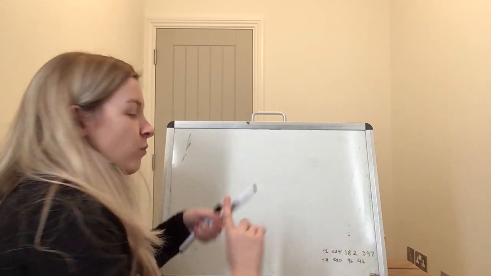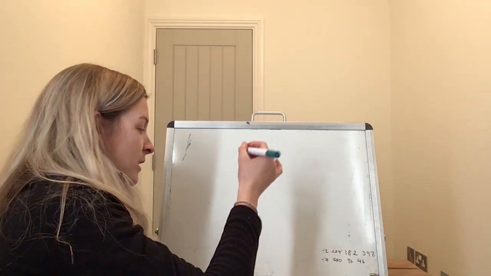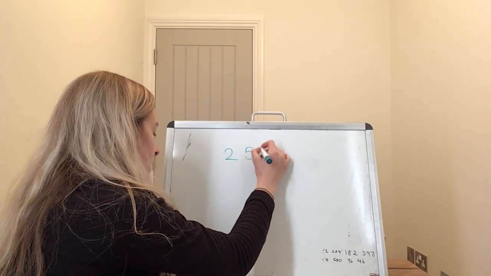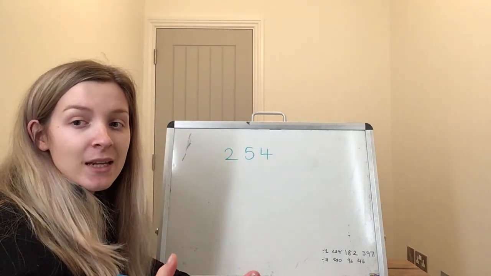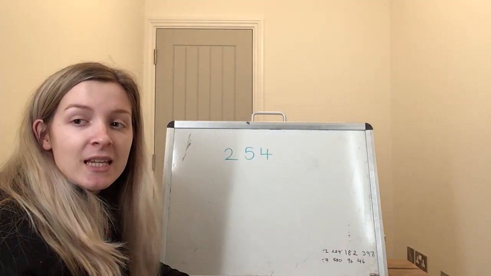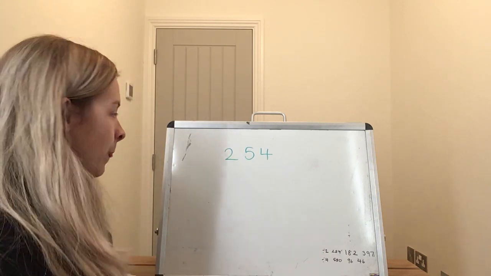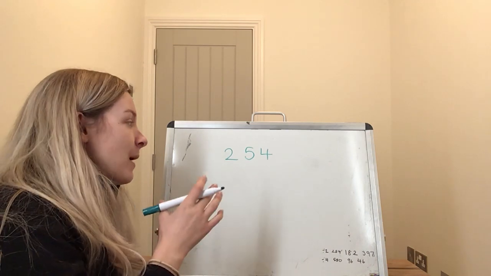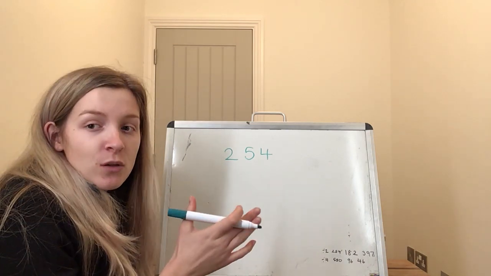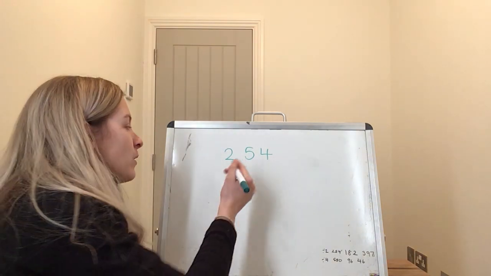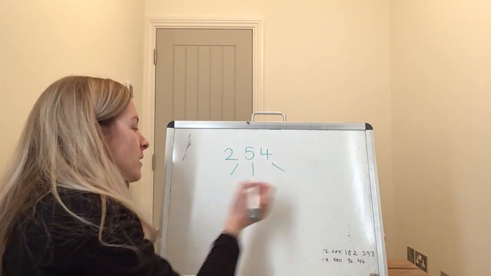Right, moving up into the 3-digit numbers then. Let's have a look. So, 254. Is it odd? Is it even? It is even, so we can have a go at halving this number. Now, when the numbers get a bit bigger, the easiest way to do this is to think about partitioning it. So let's partition into hundreds, tens and ones.